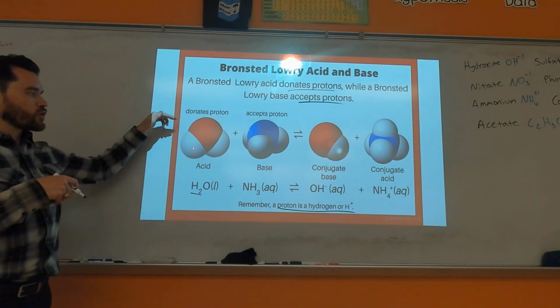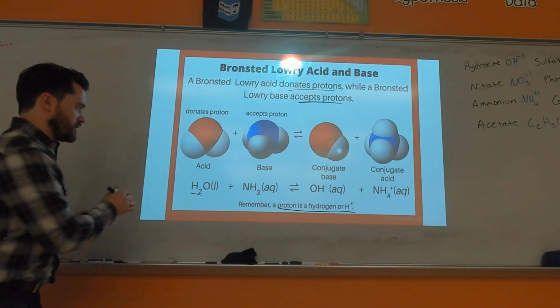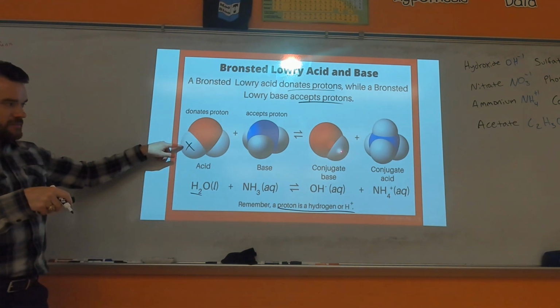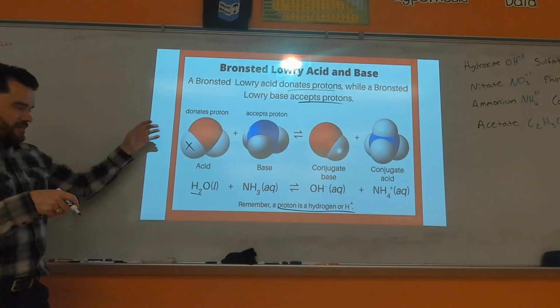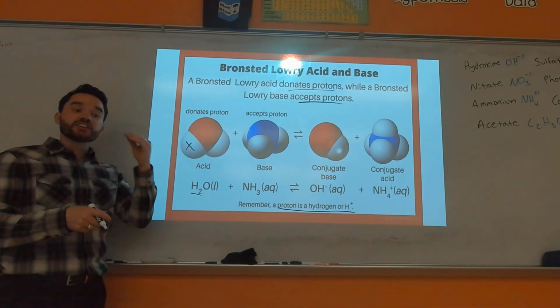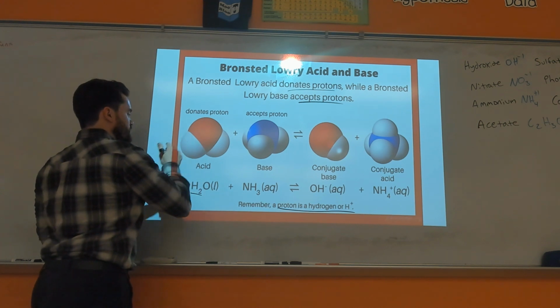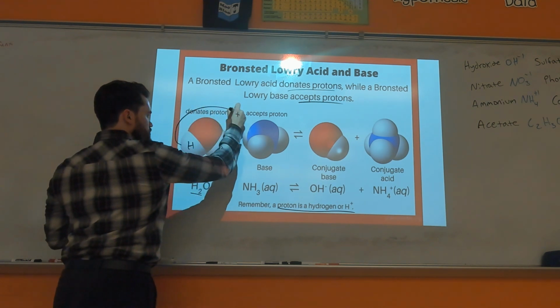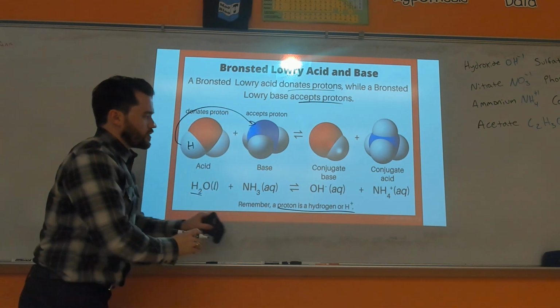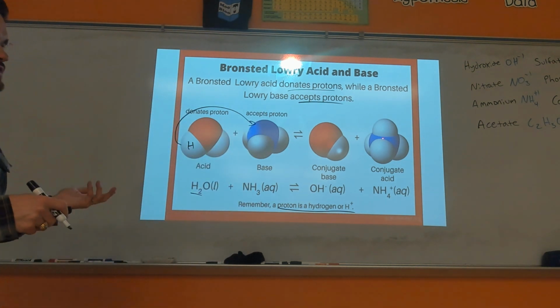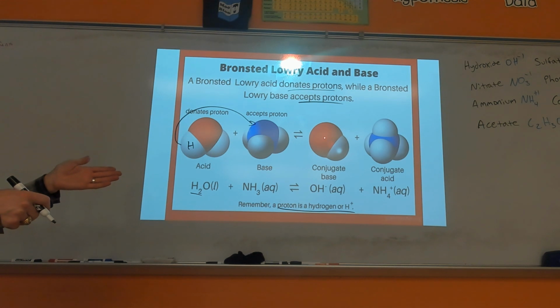So what happens is our water will donate this H. This H is going to disappear here, and then, I say disappear, it doesn't literally disappear. It's actually going to travel to what is our base. So our base is going to accept that proton, which is really just a hydrogen atom, and then it's going to make an OH minus.